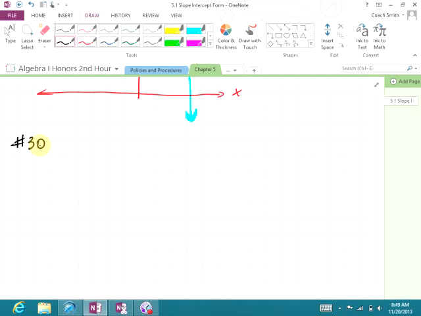Now, it says you borrow $40 from your sister. To repay the loan, you pay her $5 a week. They want a linear equation.